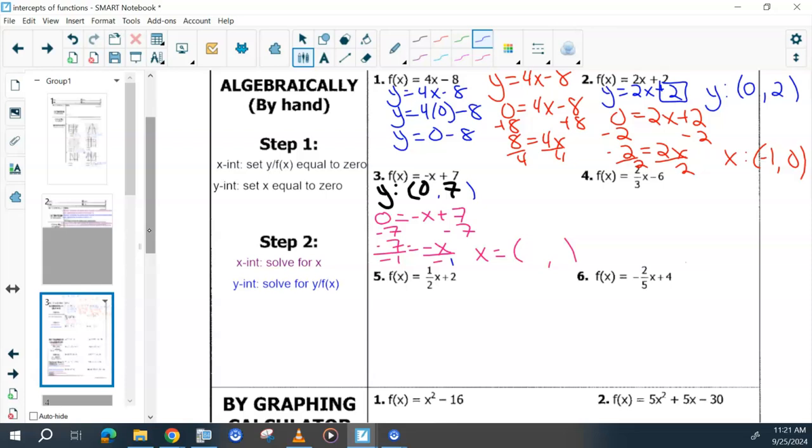So if we divided both sides, we get a positive 7. How would I write that as my ordered pair? Question on that one?